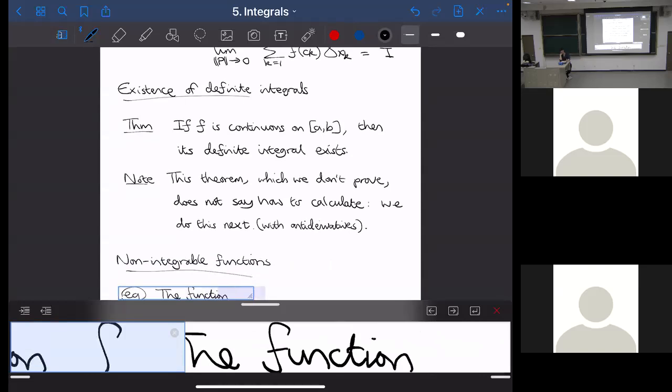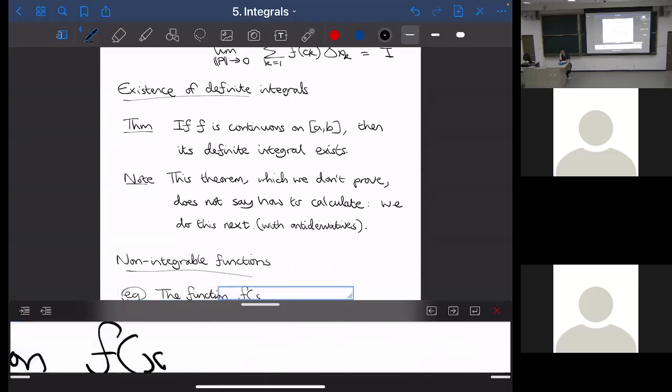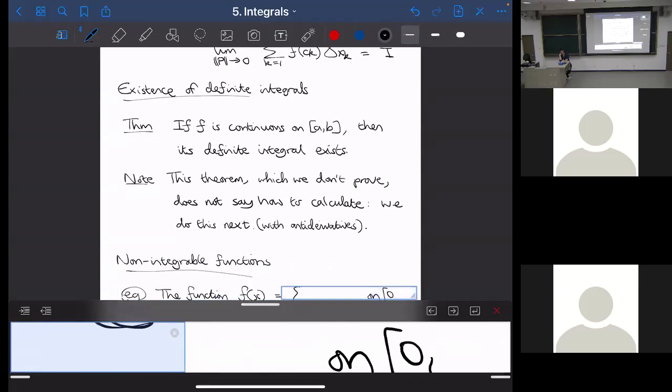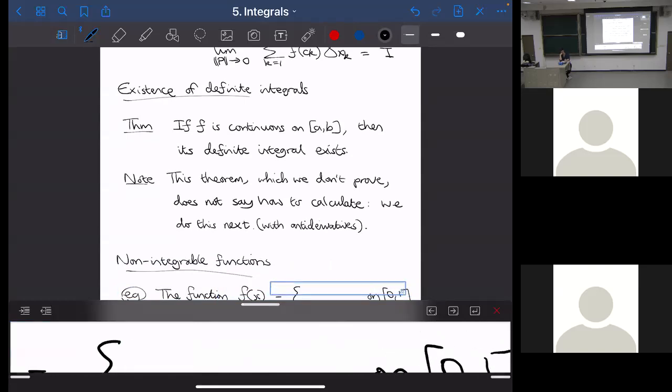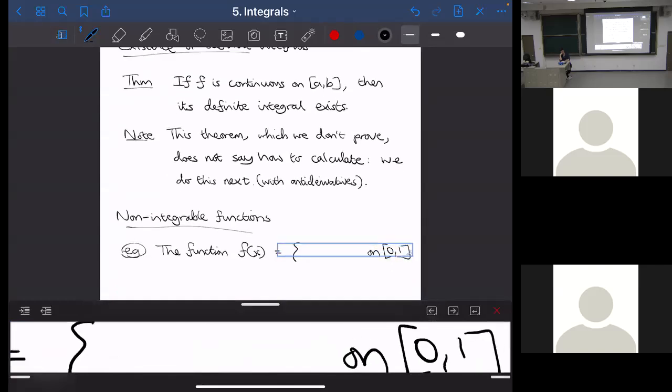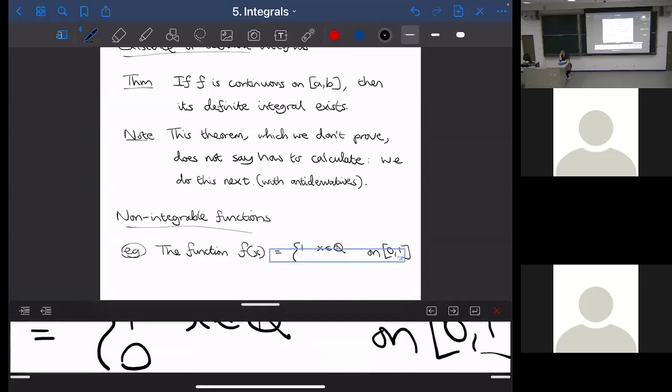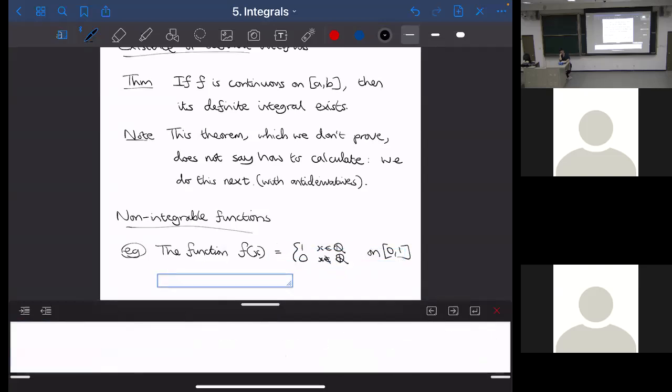So the function f(x) defined on the interval 0 to 1, which is 1 if x is rational, and 0 if x is not rational, is not, well, let me be precise, has no definite integral.